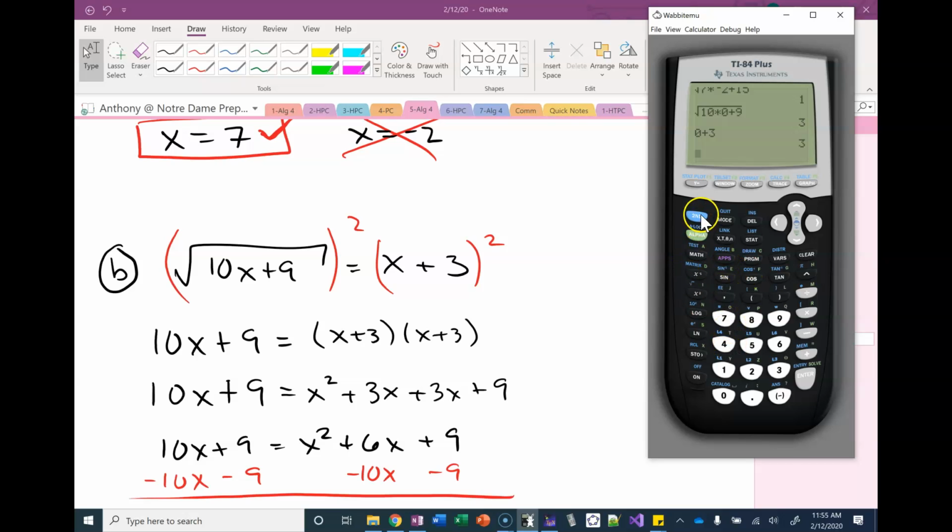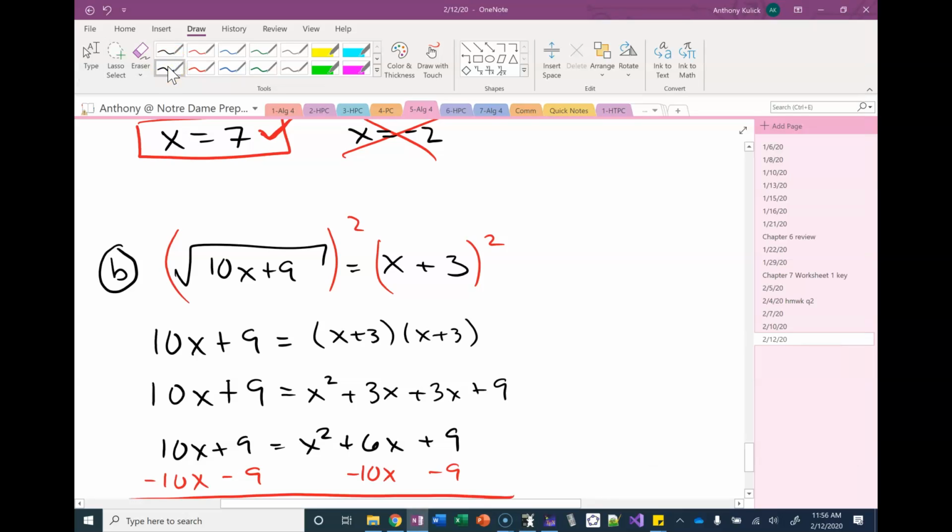Now we'll do the same thing with 4. And that also worked, right? So both of those are answers.